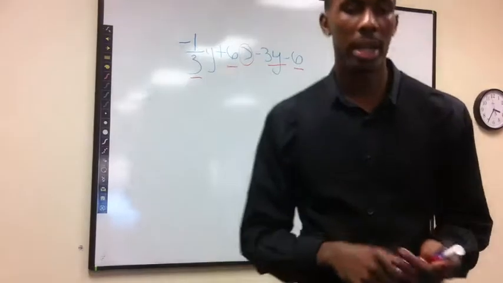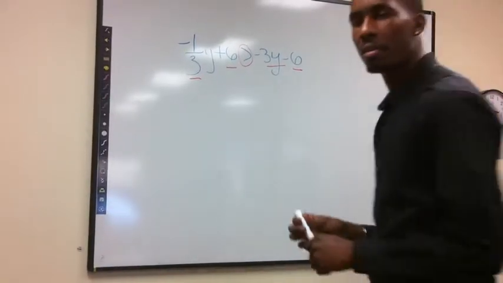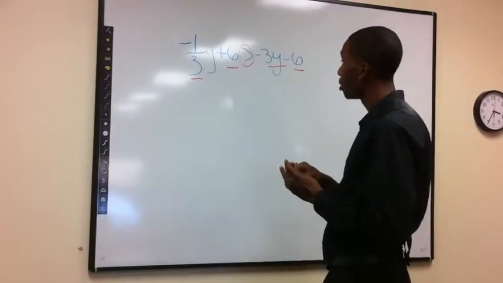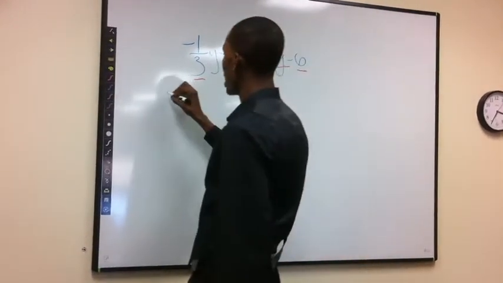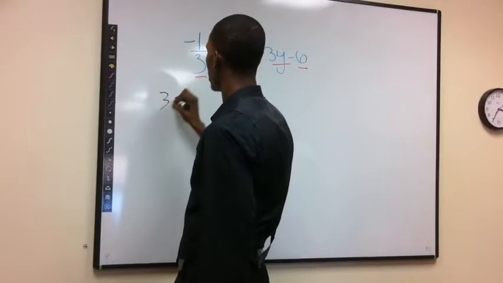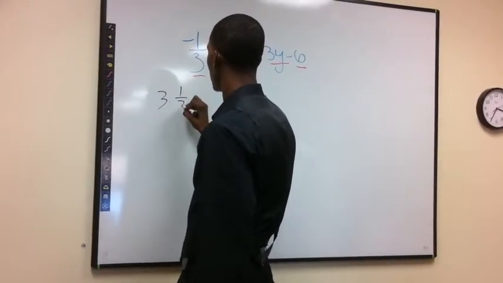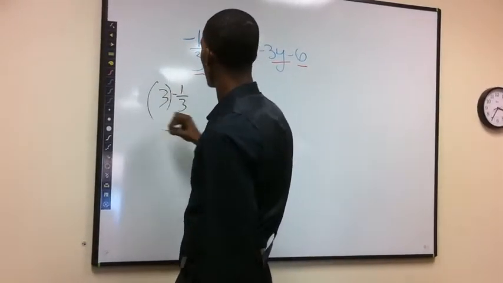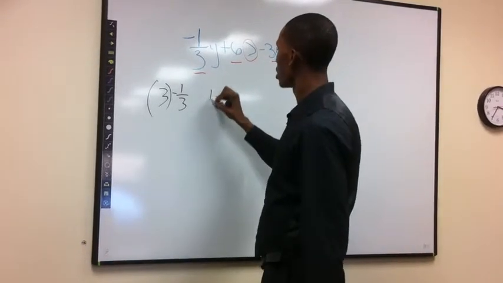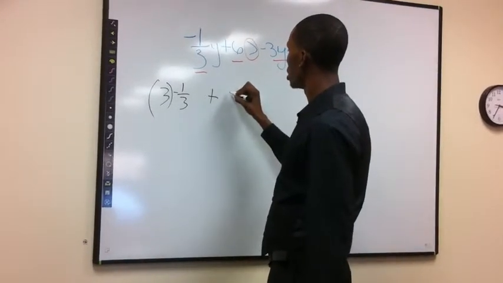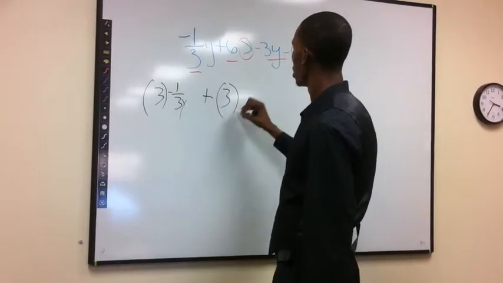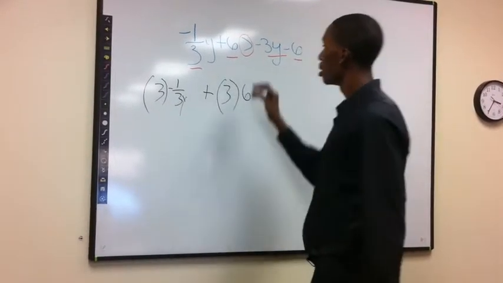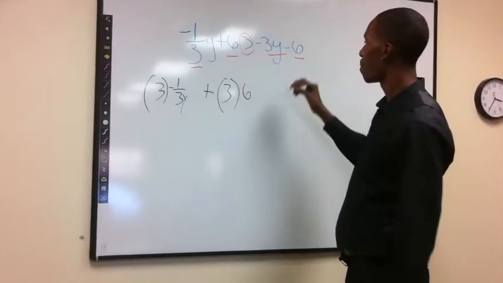So let's go ahead and multiply everything by 3. Negative 1/3 y times 3, plus 3 times that 6.